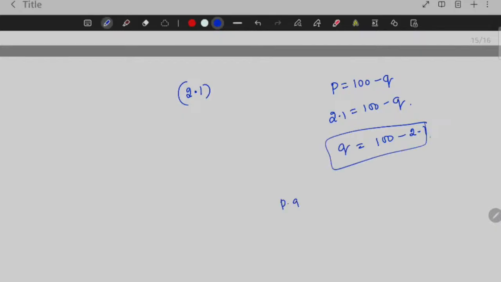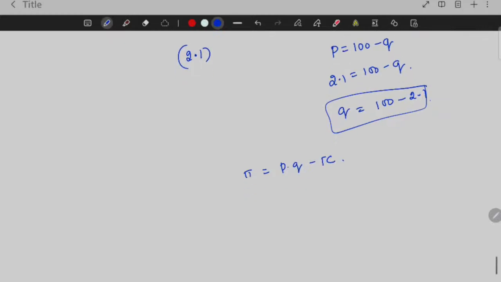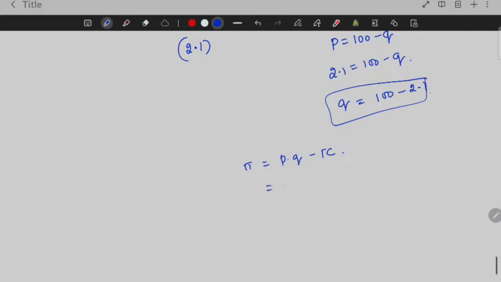Because I want to check the profit now, it is P into Q minus cost. Price is 2.1, quantity is 100 minus 2.1, minus total cost, 10 plus 2 into quantity, where quantity is 100 minus 2.1.